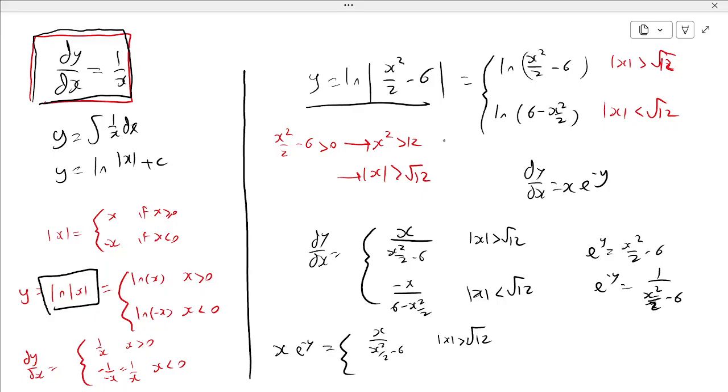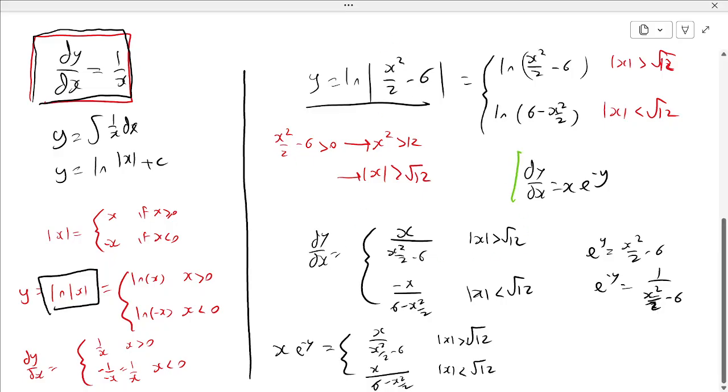But if y was in this bottom situation where x is these values, x e to the negative y would be x over 6 minus x squared over 2. And if you look, this does not match dy by dx.